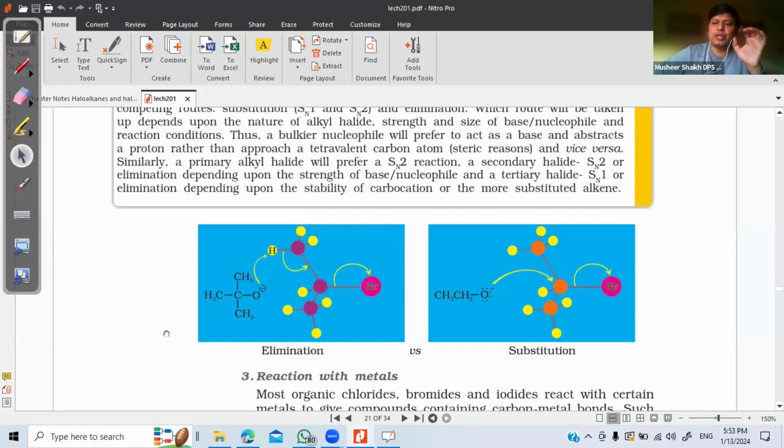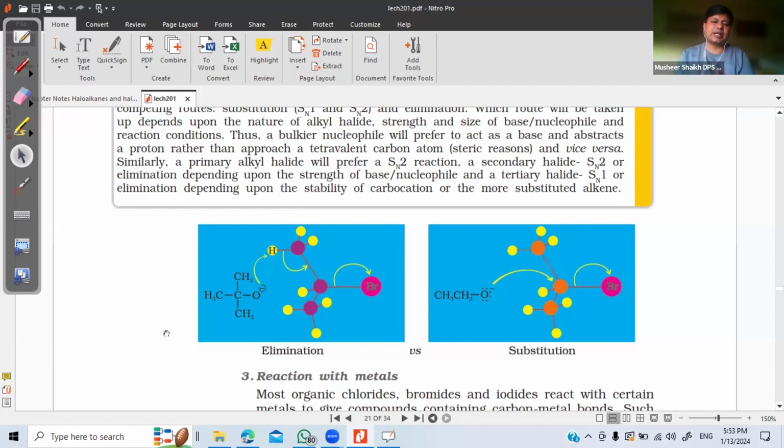We have not done the SN1 and SN2 mechanisms in detail because it would take an entire class to understand. So I will suggest that you go through the textbook, understand it, explain it, write it, and try to understand it, because all your chemical reactions from this topic onwards are based on the SN1 and SN2 mechanisms.